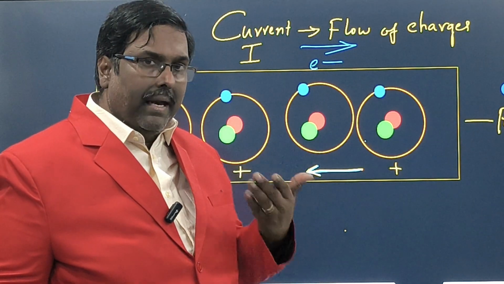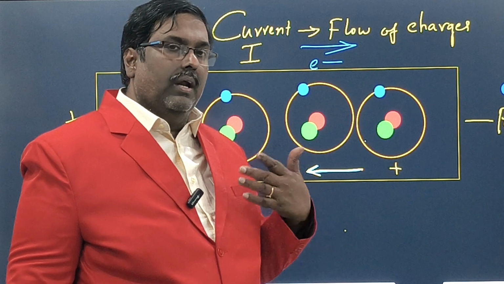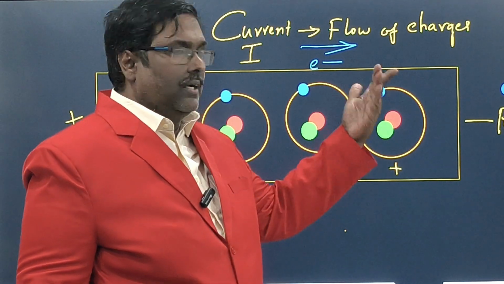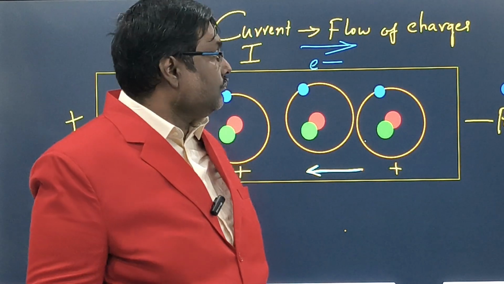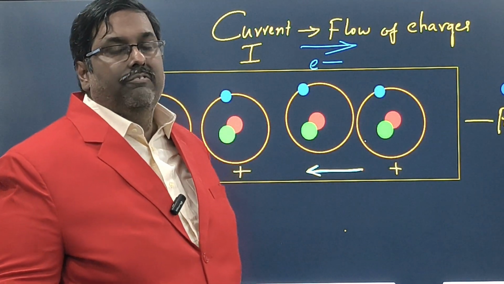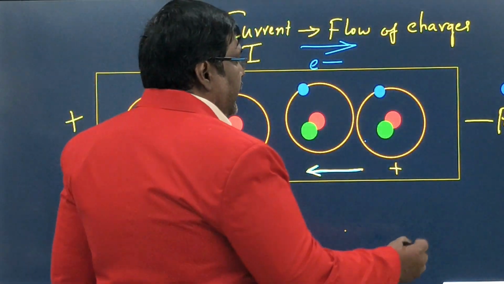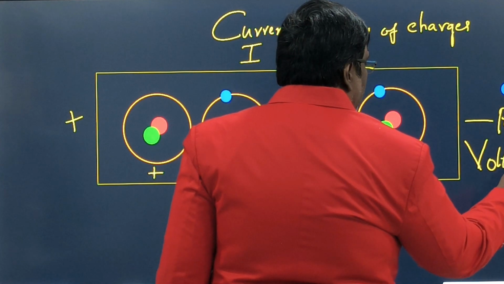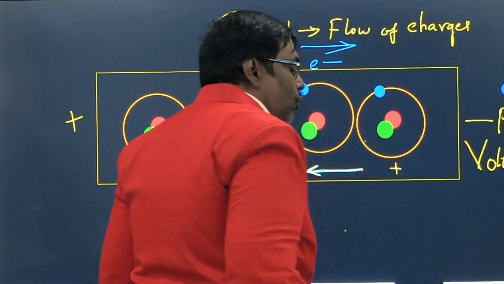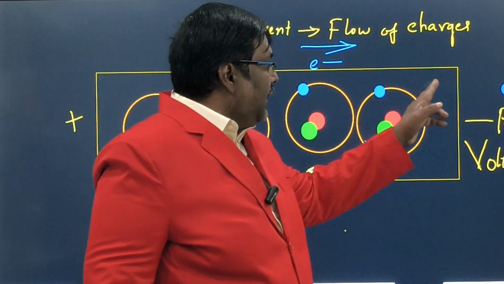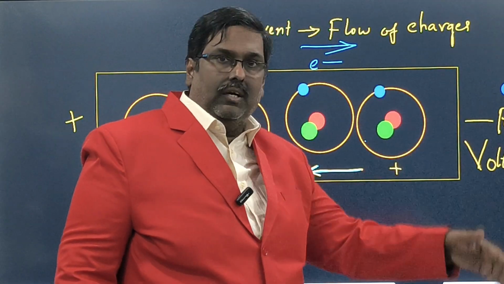That force can be magnet, chemical, heat, light, or whatever. There are lots of sources that can move this electron. What force we are applying, that force is called voltage. The unit is volt.